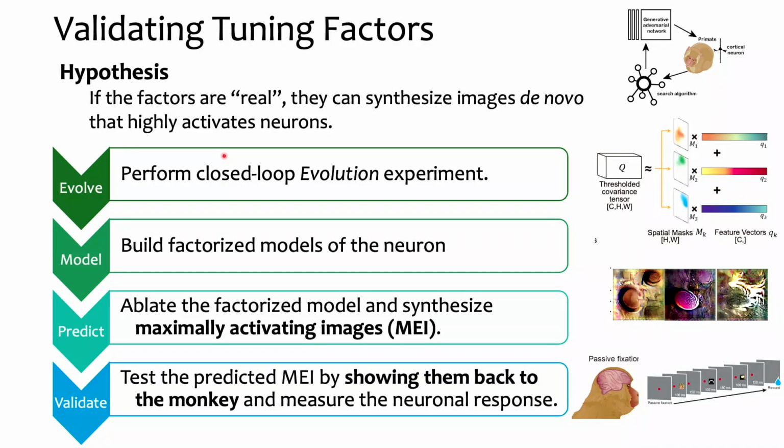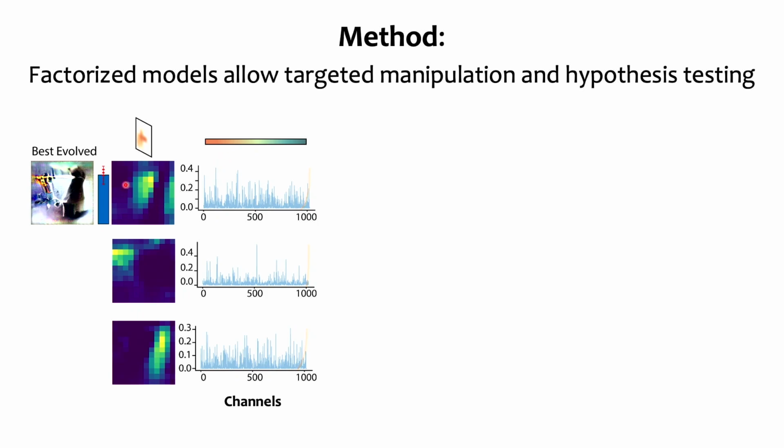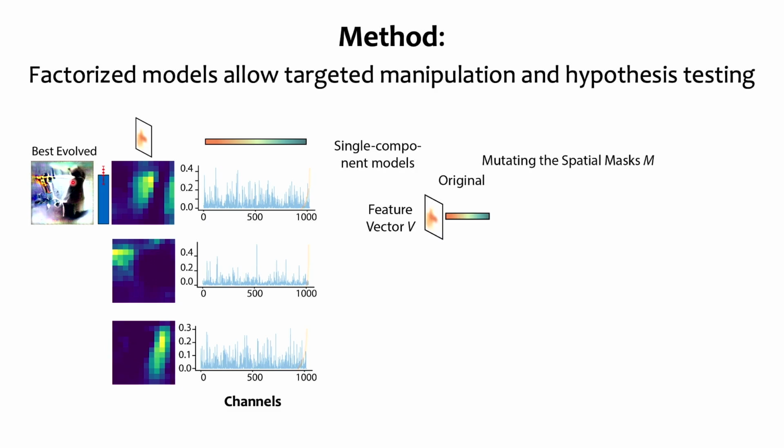So here's one example. This is one image evolved from this neuron, and we have our original model, and then we can mutate part of it, for example the spatial mask, and ask, does this neuron care about this specific spatial location, or does it care about just anywhere on this plane?